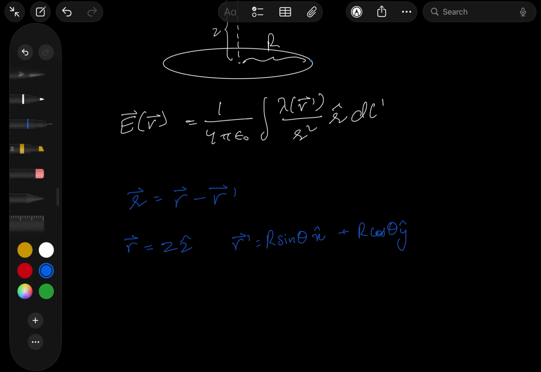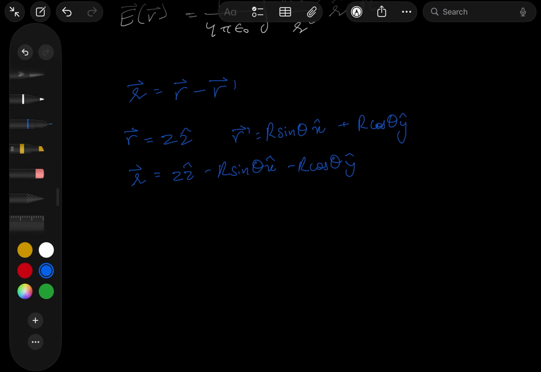Anywho, we can now write this r as z hat minus r sine theta x hat minus r cos theta y hat.